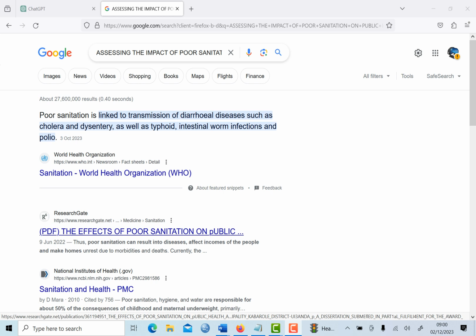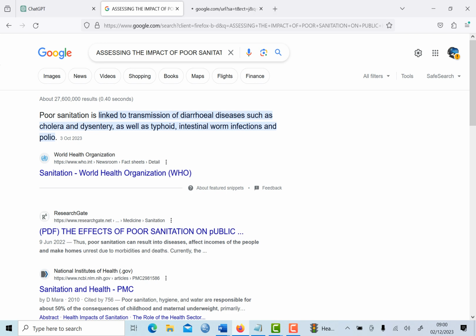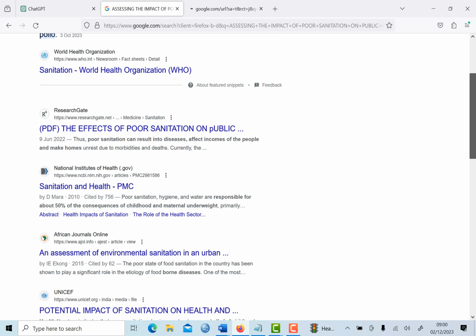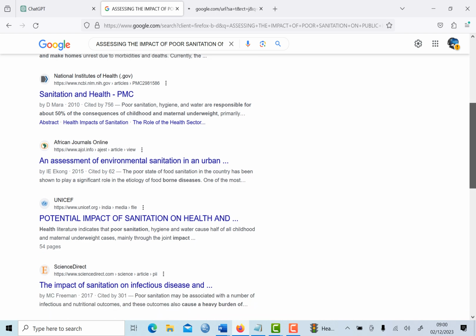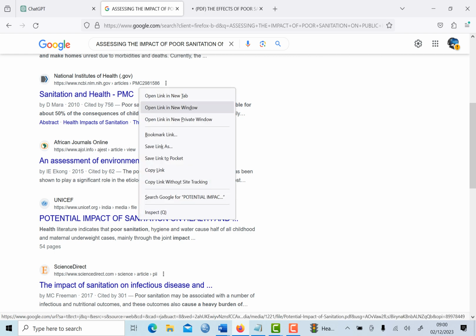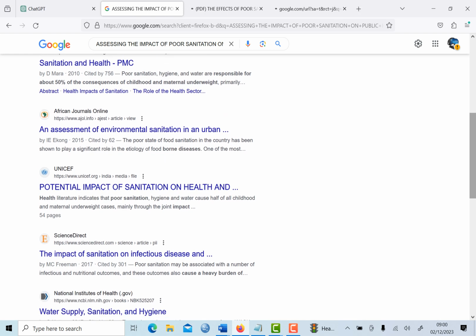You can see we start getting out the effects of poor sanitation on what? Public health. Open that. Look for more research. Look at this: potential impact of sanitation on public health. Open that in another link.